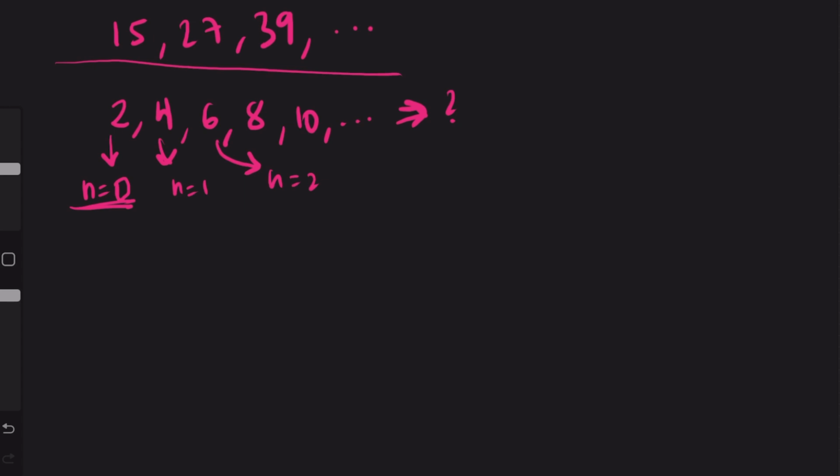What we can see is the difference between these two numbers is 2. Between these two numbers is 2. So we are always incrementing by 2. For n equals 0, we have 2. For n equals 1, we have 4. For n equals 2, we have 6.